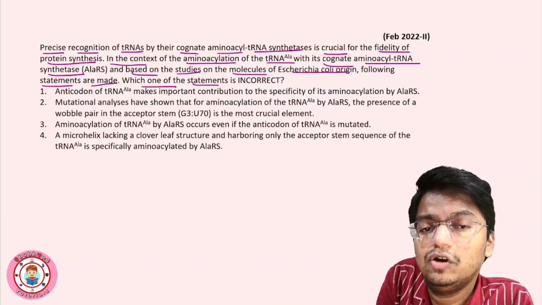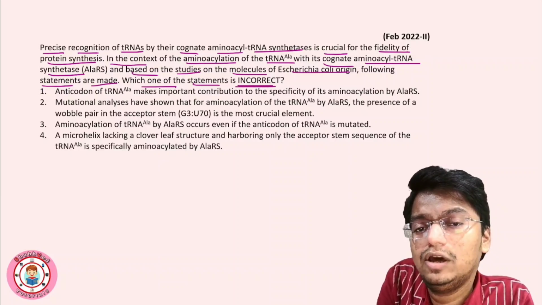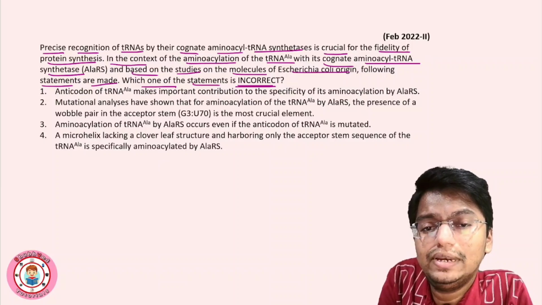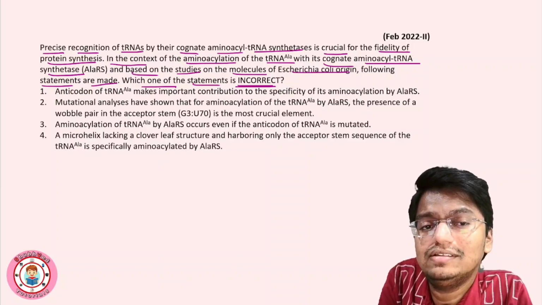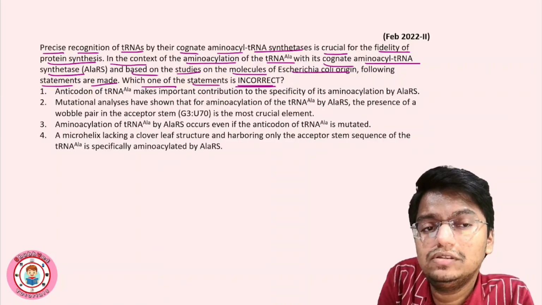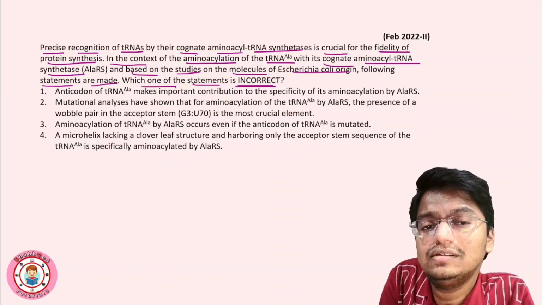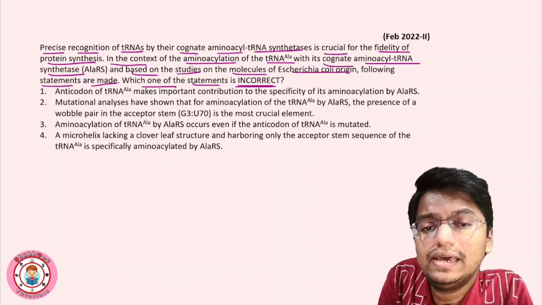Which one of the following statements is incorrect? Now, these questions regarding amino acids, we have not discussed properly one by one, because there are a lot of variations seen. So we are seeing from the questions how the questions are asked and the points to remember. So we have to identify the incorrect statement.